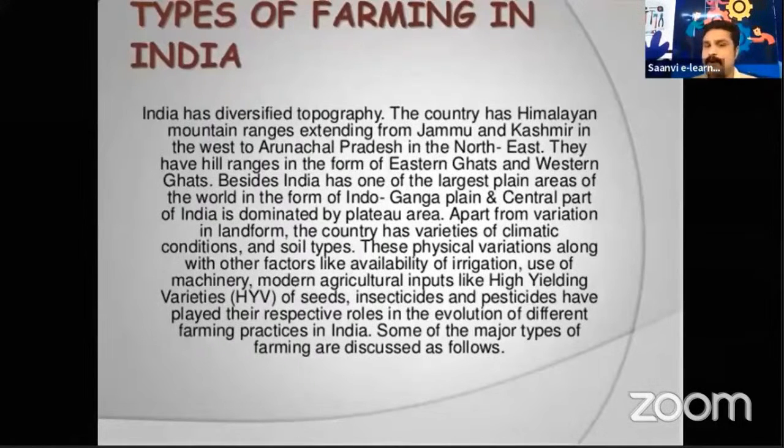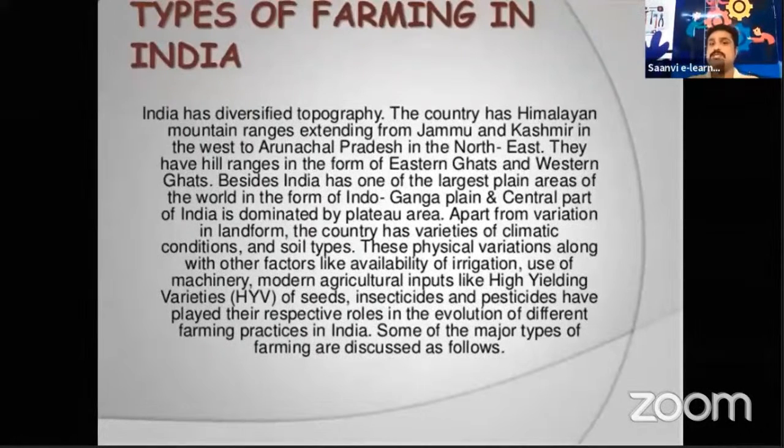Some of the major types of farming are discussed as follows. Coming to the major farming, before that, you must know about our country and the landforms of our country, and what made it possible to do cultivation effectively in our country is very, very important. From Jammu and Kashmir, plateau region, Indo-Gangetic plain, locate these all on the map.